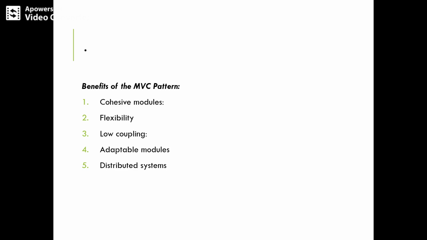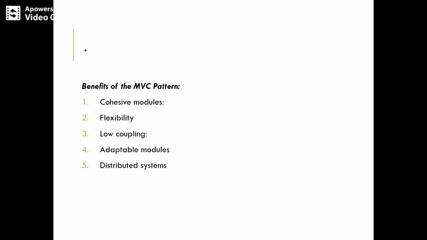That is also one of the major advantages of the MVC architecture: adaptable modules, where changes in one component to another component cause very little disturbance or change to the objects or subclasses where we declare an interface.